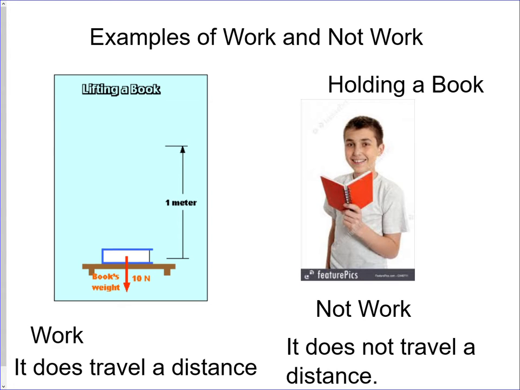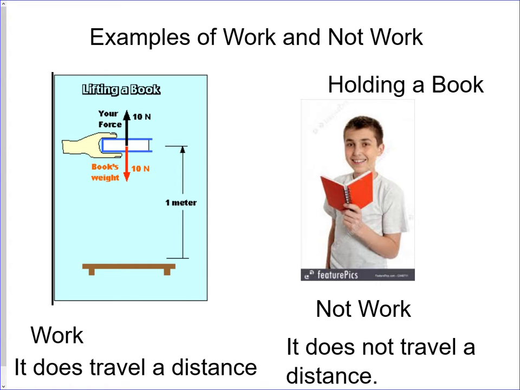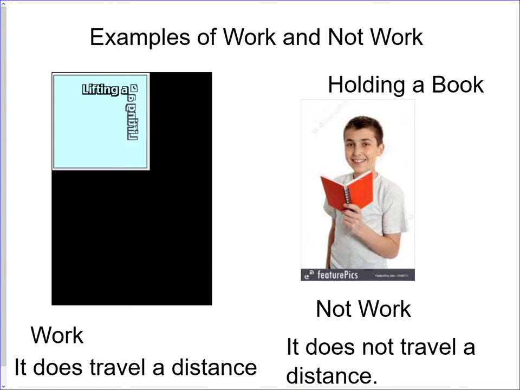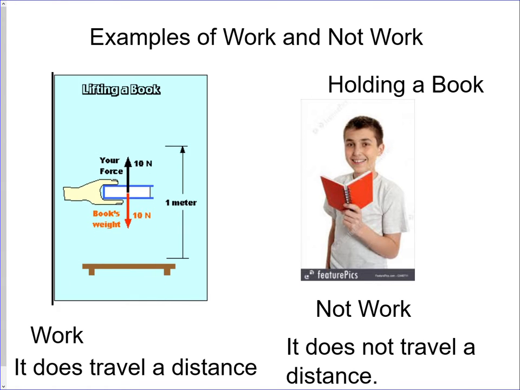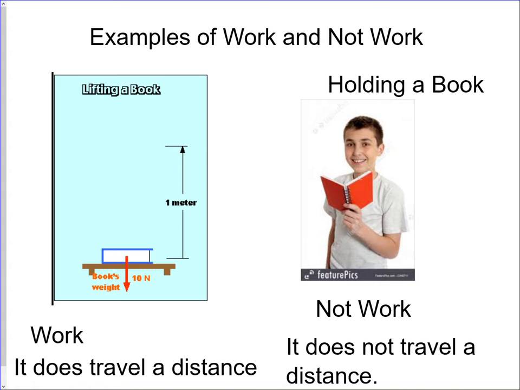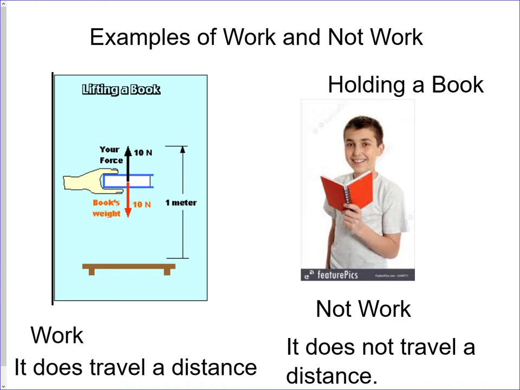Now some practical examples of what's work and what's not work. Our first one, on our left here, is lifting a book. When we're trying to calculate work, we need to know what the force is, as well as the distance.